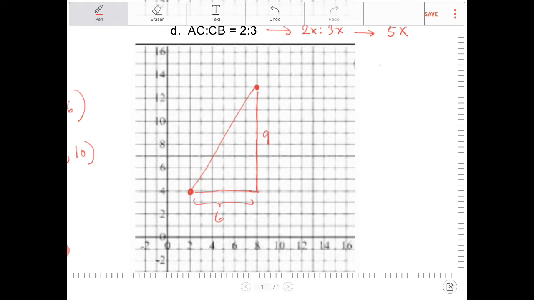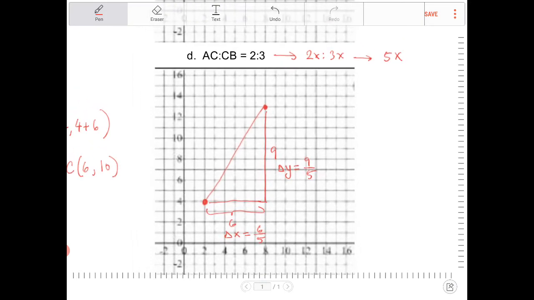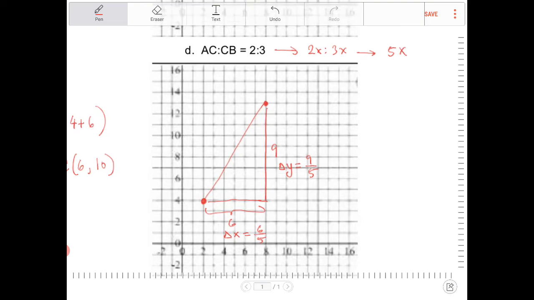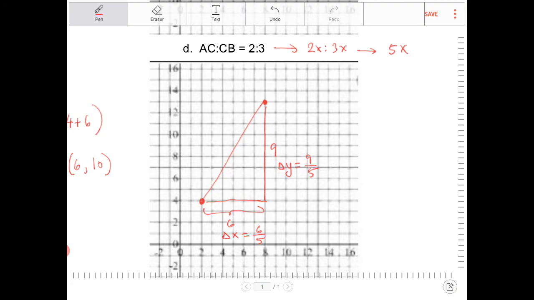So if I have 6, then each of these will be broken up into fifths. Each of these, I want to call delta x. It will be 6 fifths. And I want to call this delta y. It will be 9 fifths. So how many delta x's am I going to go over to get to proportions of 2 to 3, or 2 fifths?